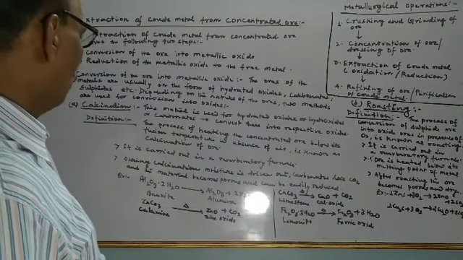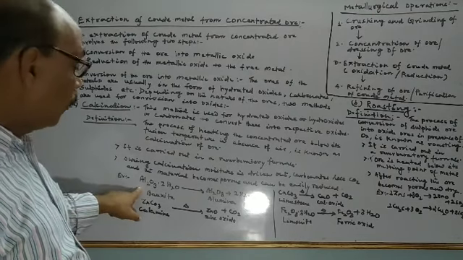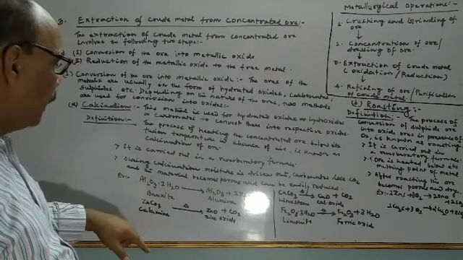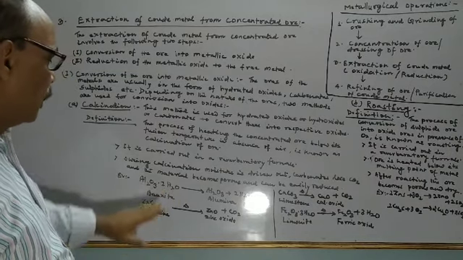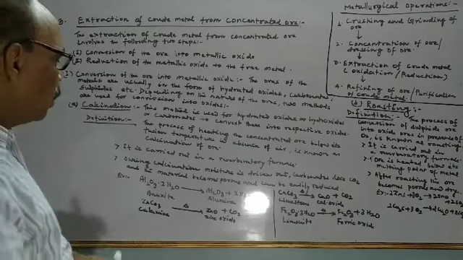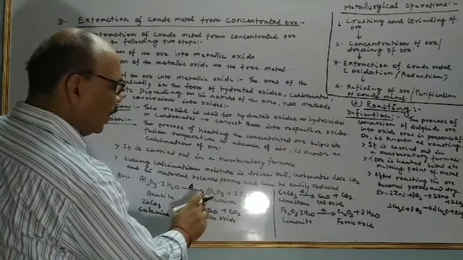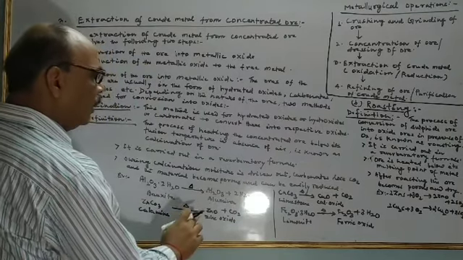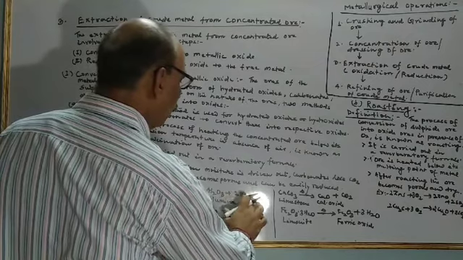For example, bauxite, a chief ore of aluminium. Formula is Al2O3.2H2O. On heating it gives alumina, Al2O3, and evolves two molecules of water, 2H2O.